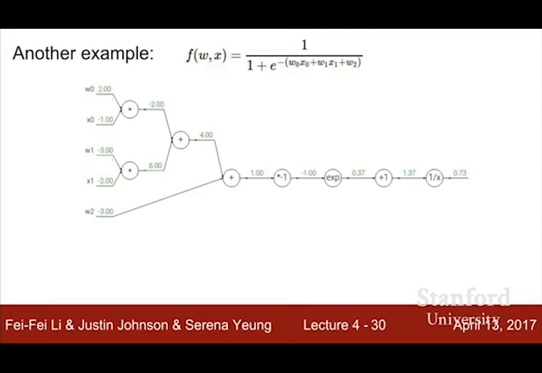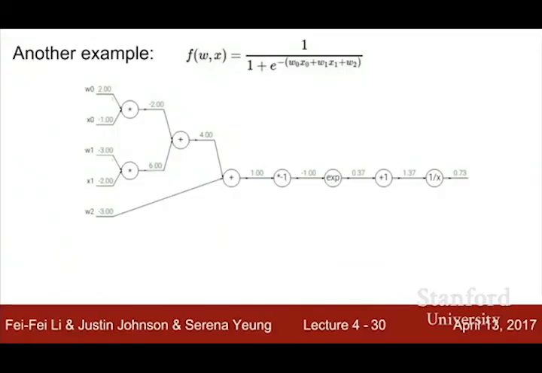So in this graph, first we multiply together the w and x terms, w0 with x0, w1 with x1, and w2. Then we add all of these together, right? Then we scale it by -1. We take the exponential, we add 1, and then finally we do 1 over this whole term.